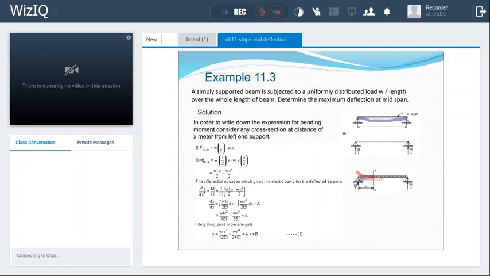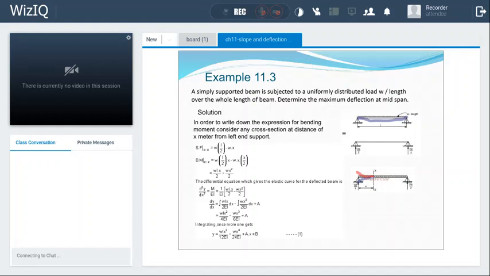So this is W into X, and then as we have done in the previous case for the cantilever, we take the distance here at the center of this portion. This distance is X, so this will be X by 2.